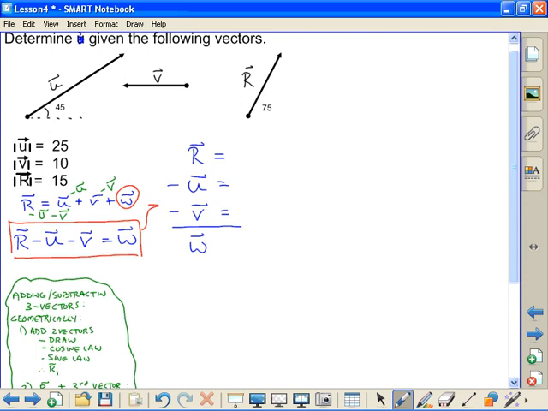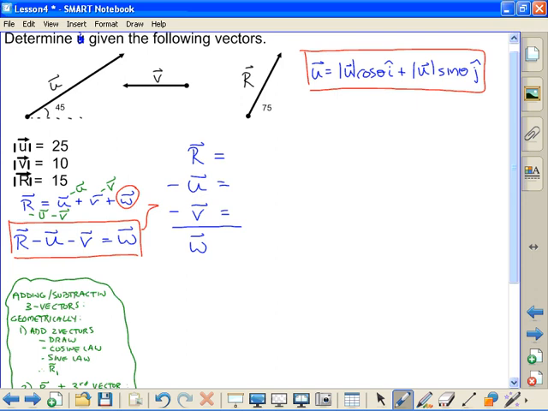So what does my resultant equal? I've got to convert it to algebraic form. So remember your algebraic form, again, for any vector, I'll just use the general u, is magnitude of u cos theta i plus magnitude of u sine theta j. I said that should be on your cheat sheet. This is what you're going to be using when you convert something to algebraic form.